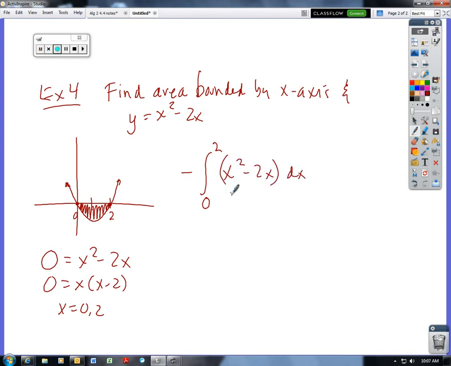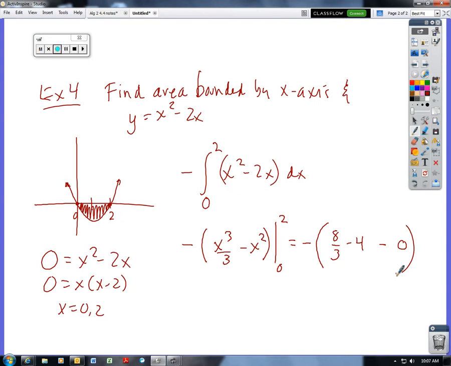Okay, we'll go ahead and integrate that. So there's a negative out front. X to the third over 3 minus x squared. Evaluate from 0 to 2. So I'll carry my negative along out front. 2 cubed is 8 over 3 minus 4 minus 0, and thankfully when we plug in 0 we just have 0, so we don't have to do much extra math there.